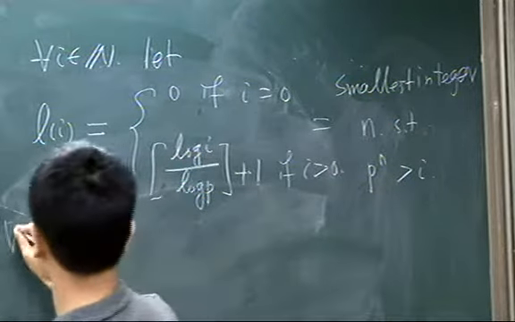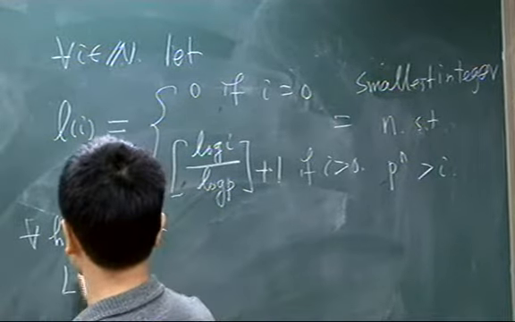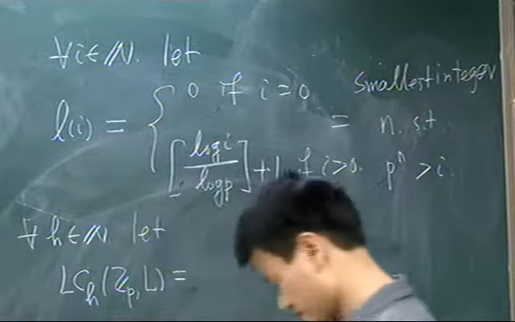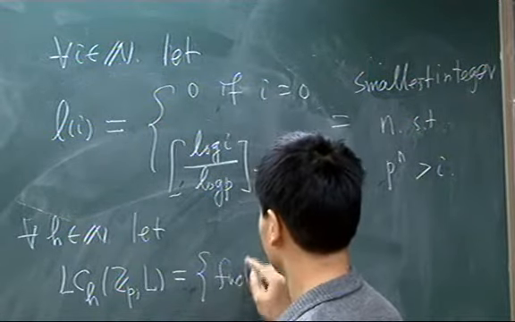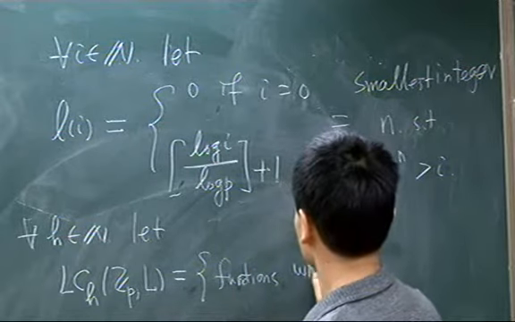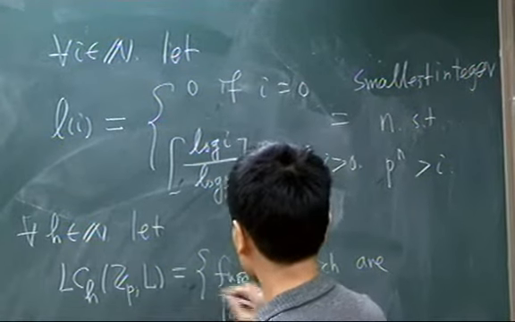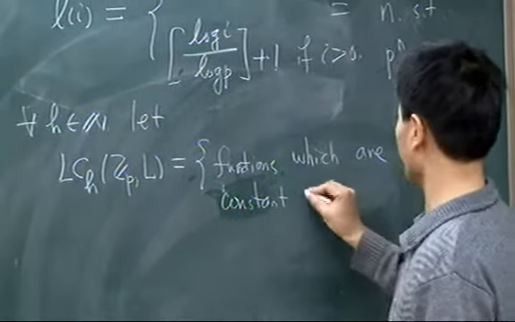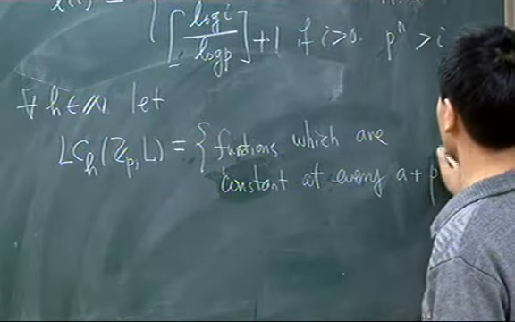Now for any h contained in N, we let LC_h(Z_p, L) be the functions which are locally constant on every a plus p to the h Z_p.